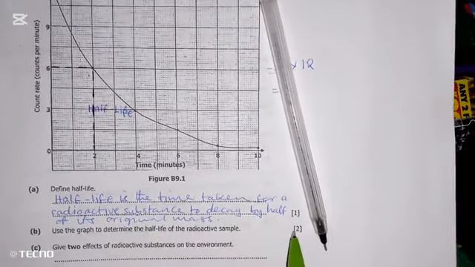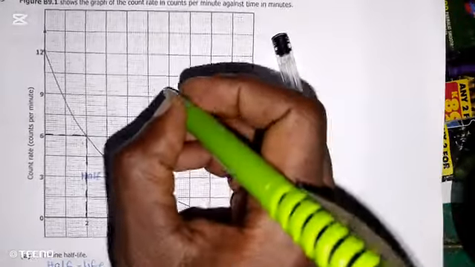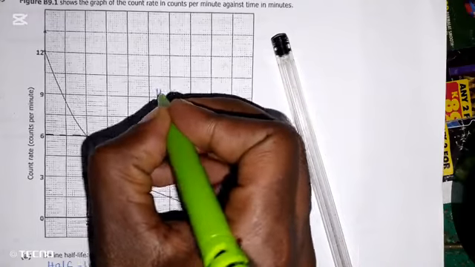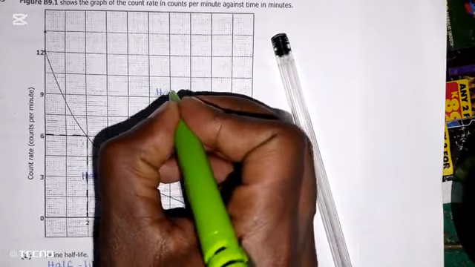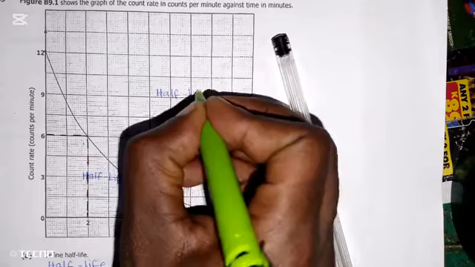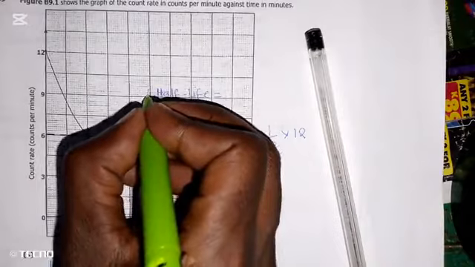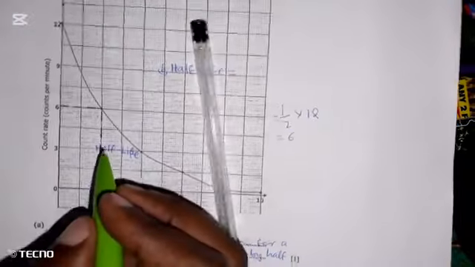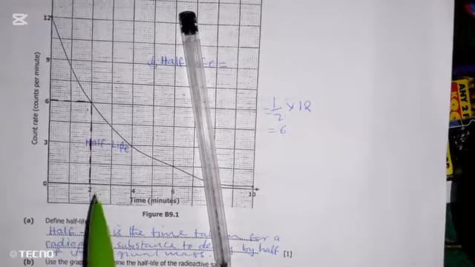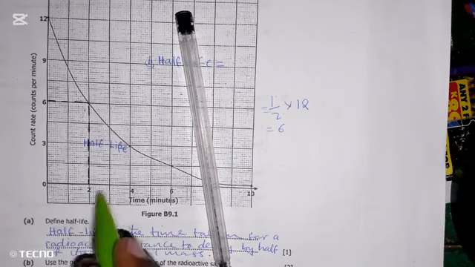So you write half-life is equal to the time it takes for this radioactive substance to decay by half, which is 2.